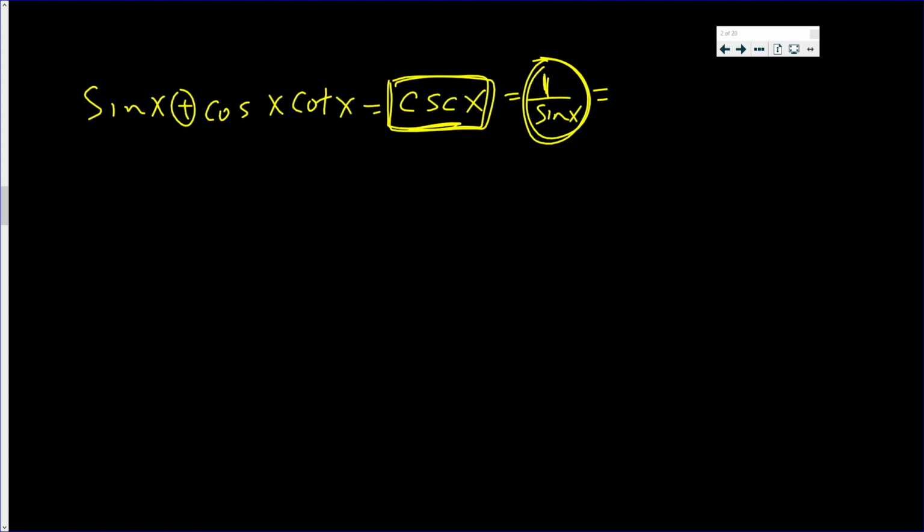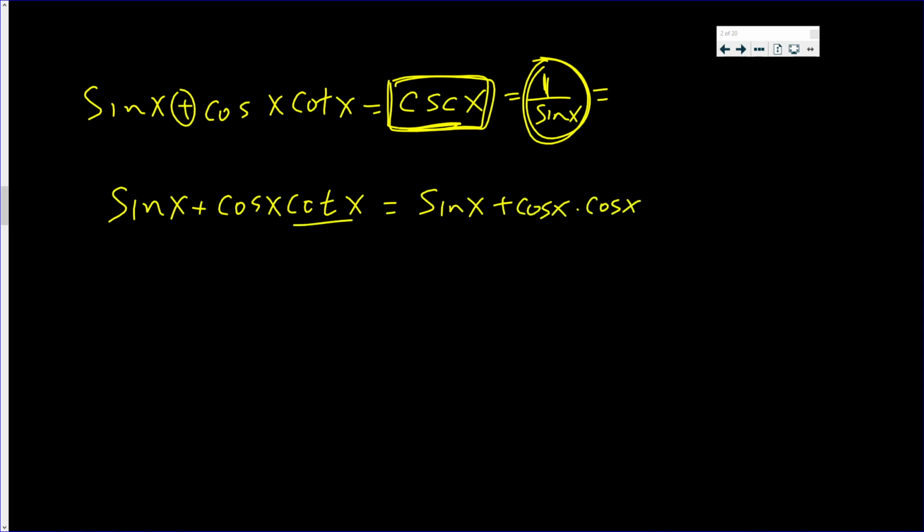But that's pushing it too far. So we're going to work on the left side. And the nice thing about the left side is that cotangent x is going to put a sine x in the bottom. Cotangent x is cosine x over sine x.